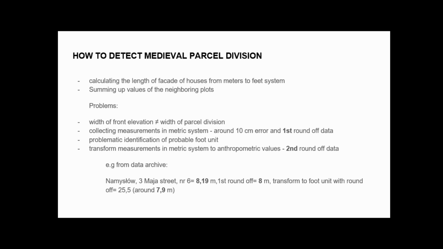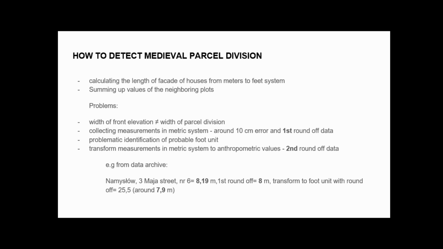Yes. So how do we detect the medieval value of the parcel division? Our case study is one of the plots which probably has a medieval origin. Of course we can know that from the archaeological sources and from the architecture and layout of the city. And the best, of course, is to choose the main square, because in the rest of the city, war damage usually caused new buildings to be built and you see nothing about the parcel division.